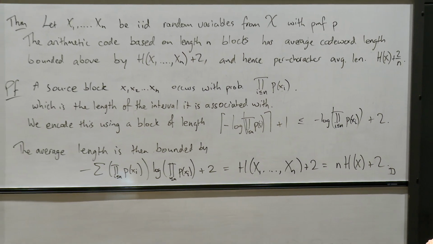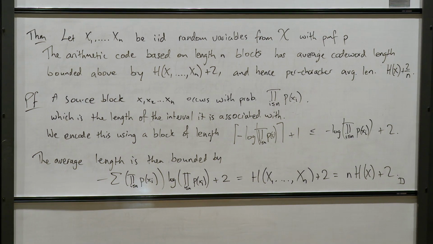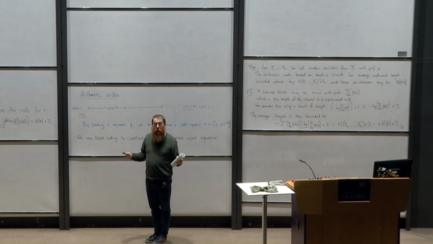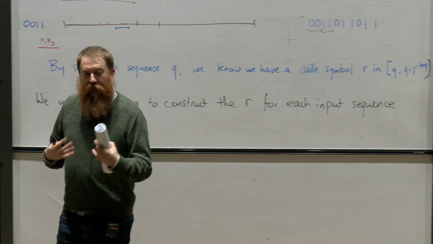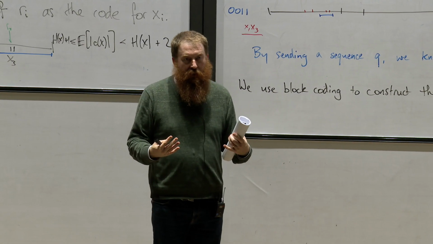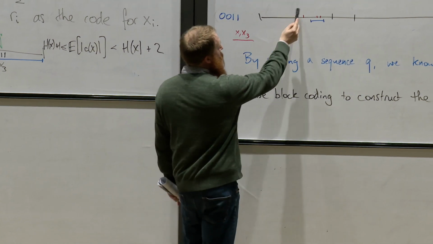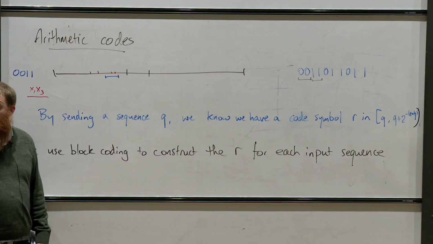Now, key advantages of arithmetic codes. At the moment, we've been thinking about what we do when we're trying to encode something that's IID. But we don't actually need that. Suppose that we had something which followed a Markov chain. So every character, the distribution of the next character depends on the previous character. So once I'm in this block, I know the distribution for the next character is different.